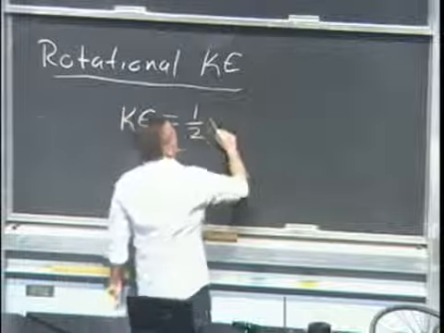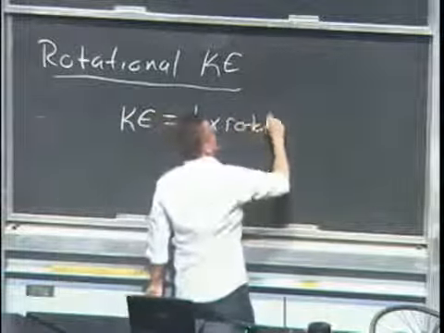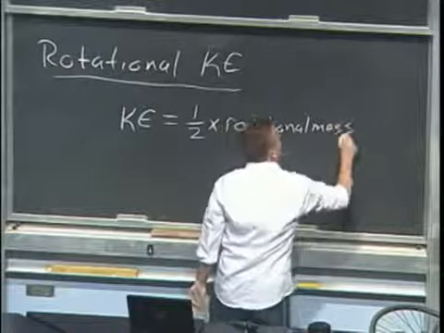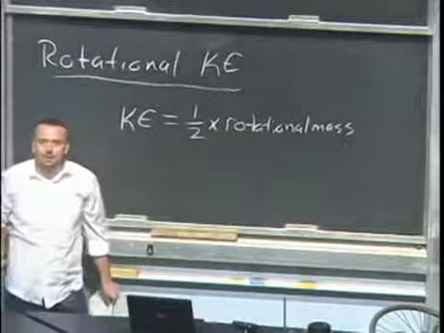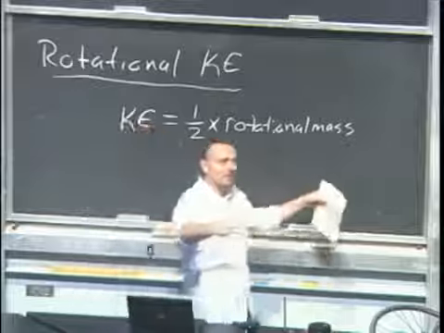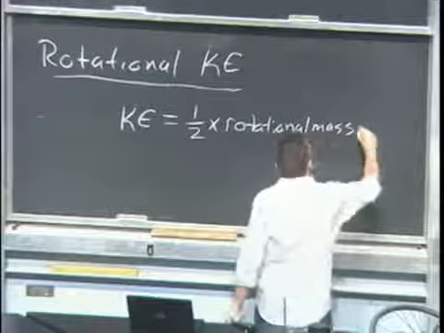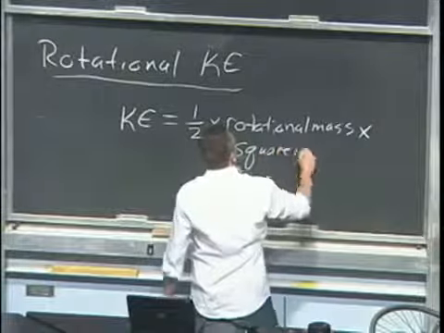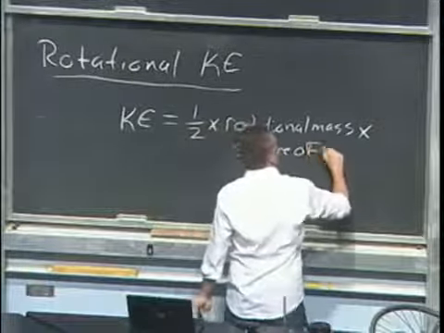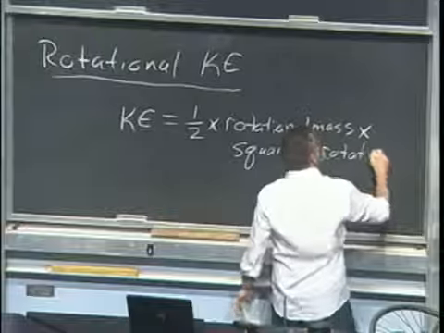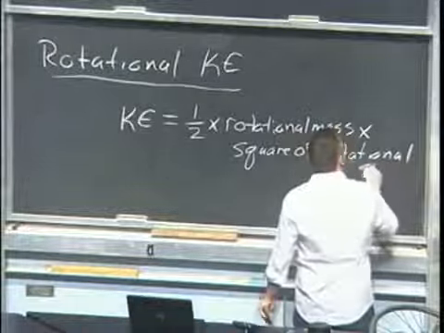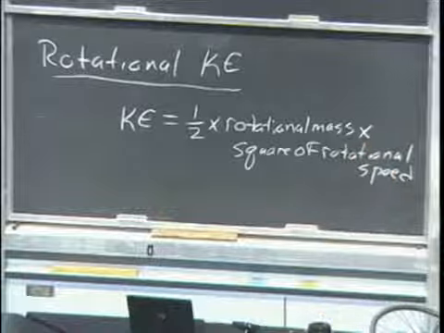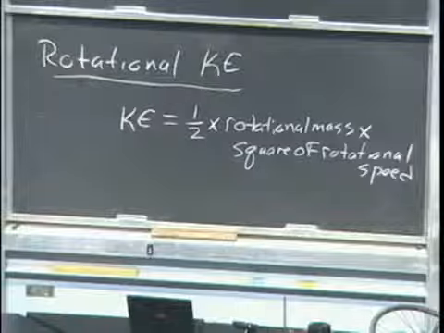It's 1/2 times the rotational mass, which depends on both the mass of the object and how the mass is distributed from the rotation axis, and then multiplied by the square of the rotational speed.